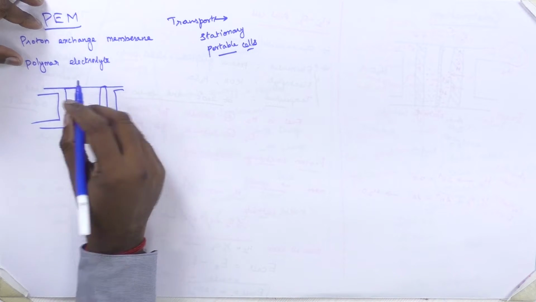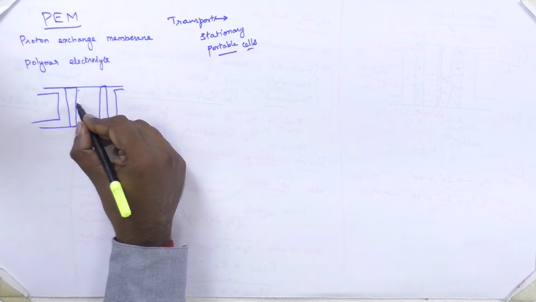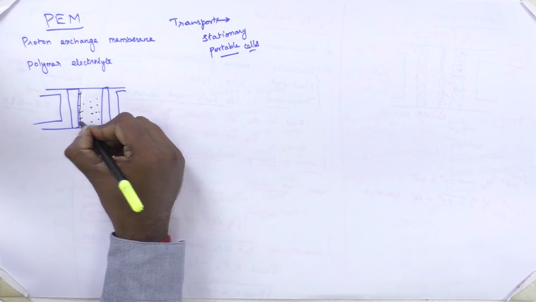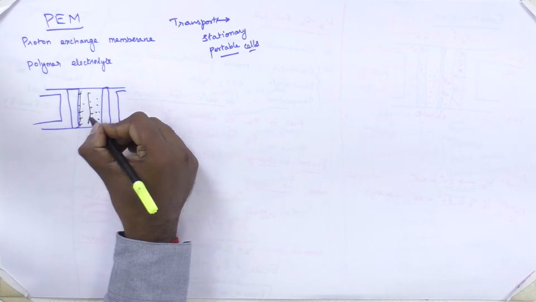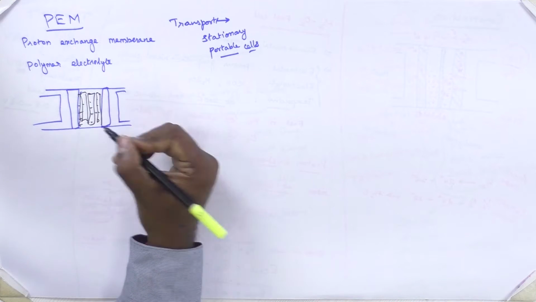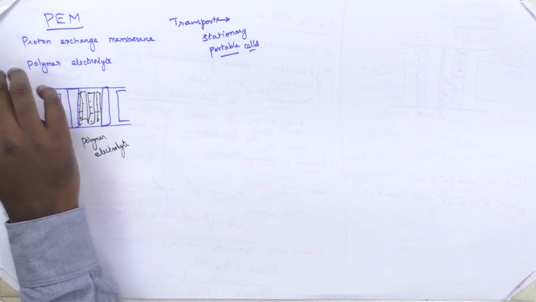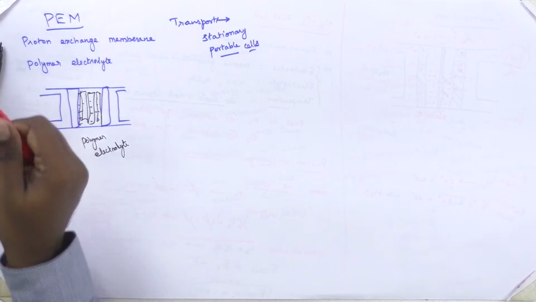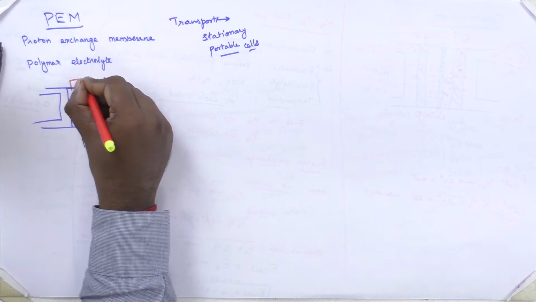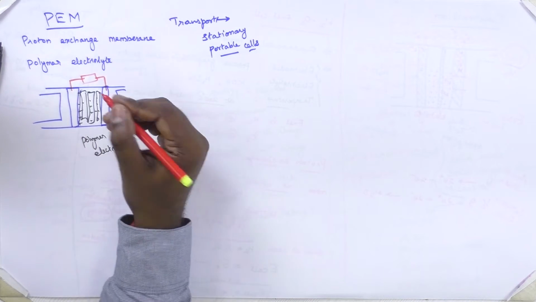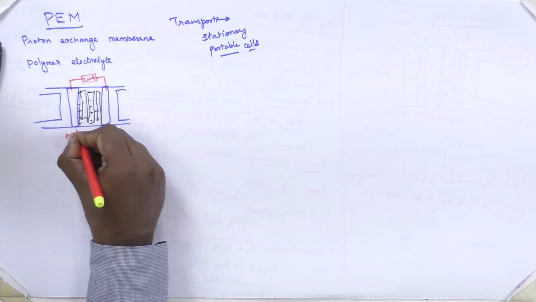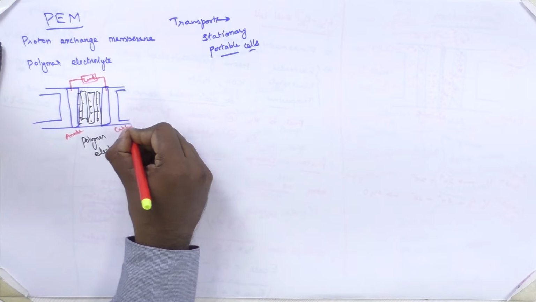In between is the electrolyte. Here it is a polymer electrolyte, so this consists of a polymer electrolyte membrane. This is the main differentiation from the hydrogen oxygen fuel cells. The remaining things are the same, connected to an external load, with an anode and cathode.